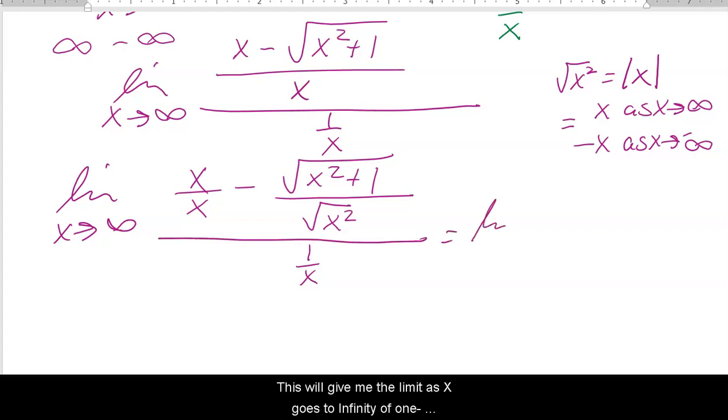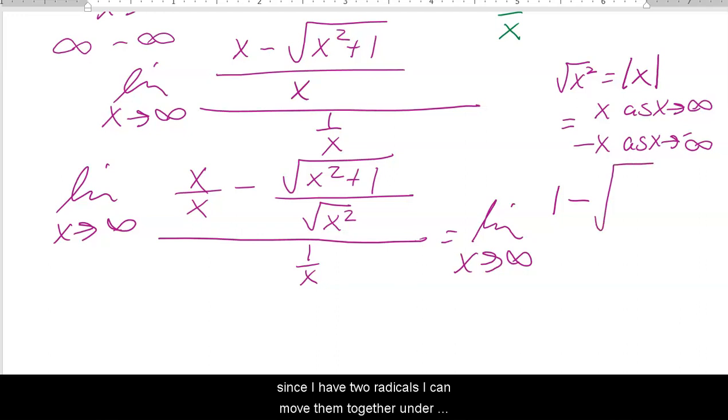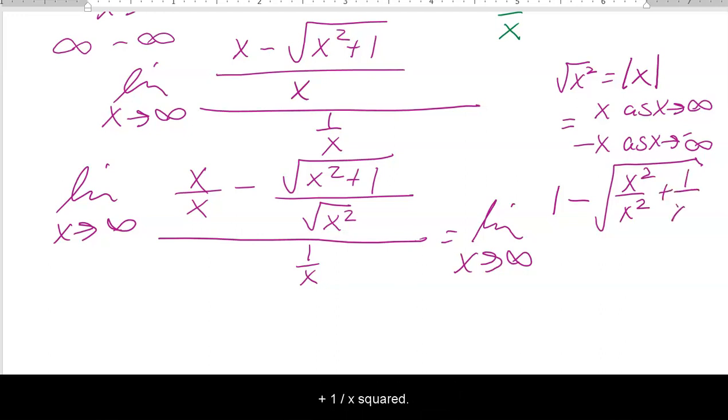This will give me the limit as x goes to infinity of 1 minus, since I have two radicals, I can move them together under one radical, and I get x squared divided by x squared plus 1 divided by x squared, all divided by 1 over x.